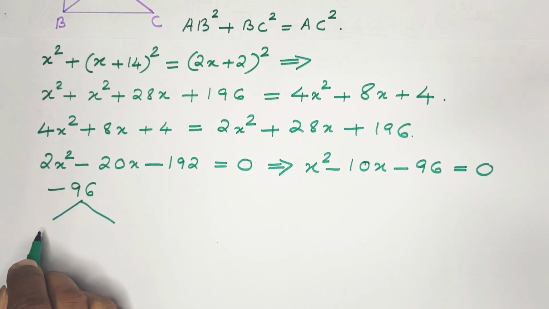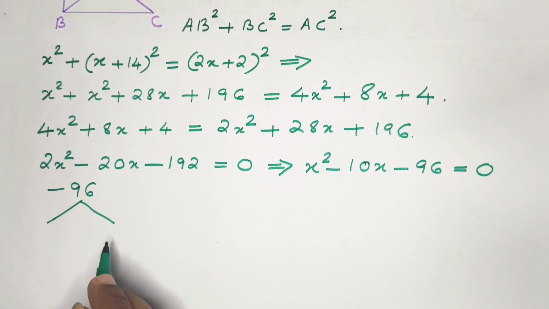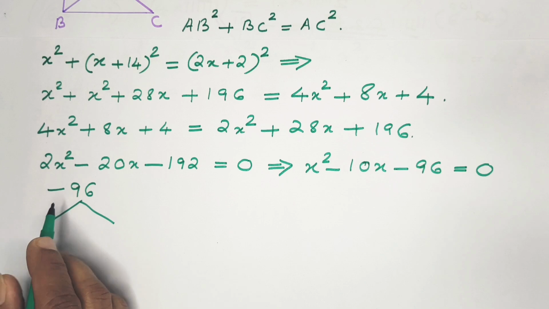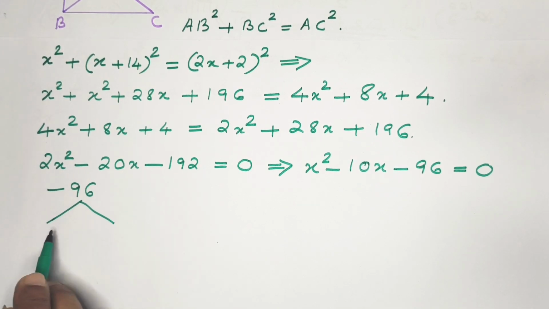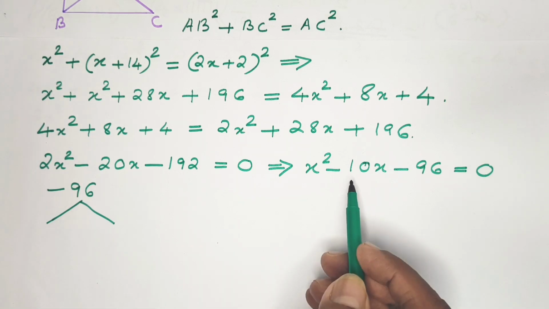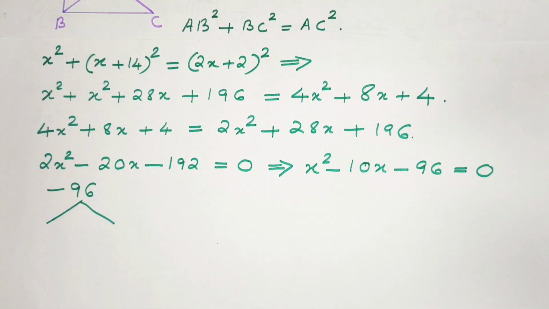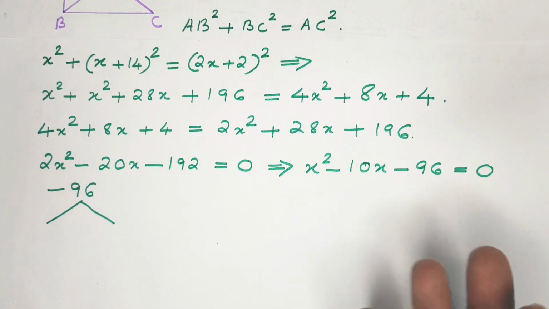Obviously, one of the numbers has to be minus and the other plus, so that on multiplying these two you will get a minus sign. And these numbers are to be above 10, because if you take two numbers below 10, the product is not going to be 96. So at least one of the numbers should be above 10.